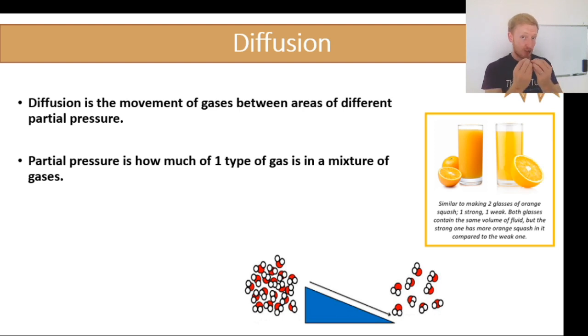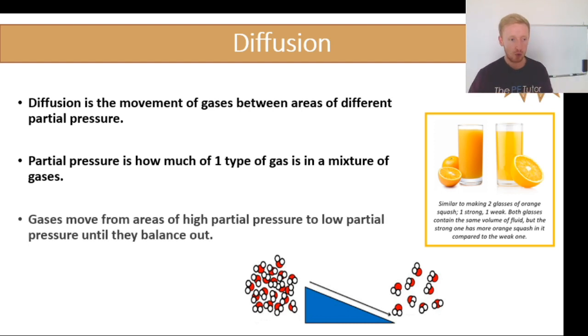It's now next to blood, which has a lower concentration or partial pressure of oxygen. So we've just created this thing called a diffusion gradient, where we have a high concentration of oxygen inside the alveoli and a low concentration of oxygen inside of the blood. And just like before, with pressures, things move from high to low.